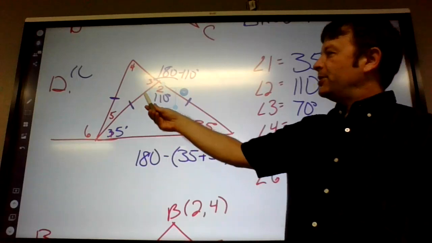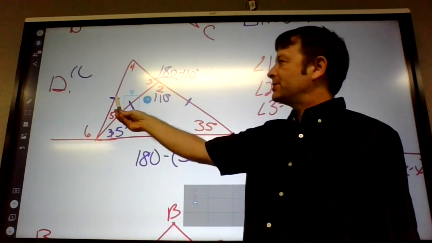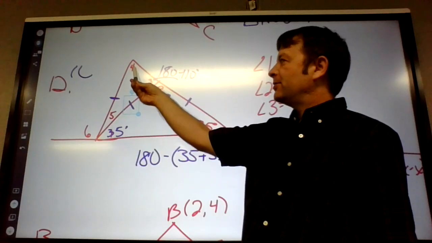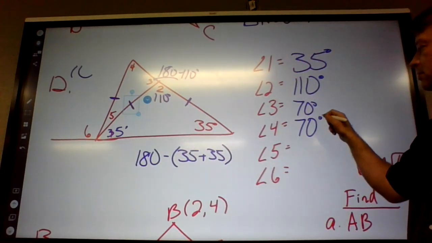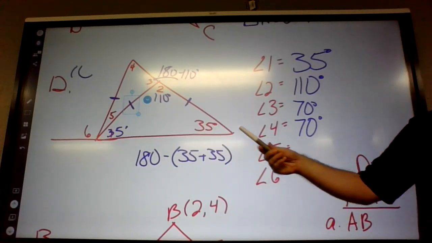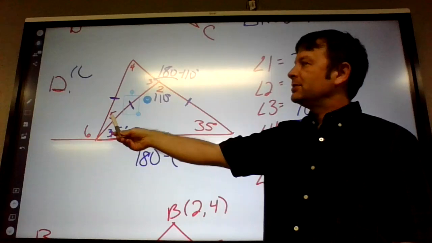Okay, so notice this little triangle over here is also isosceles. So if this is 70, what else is 70? Number 4. Angle 4. So if 3 and 4 are 70, how do I find angle 5? 180 minus 140.